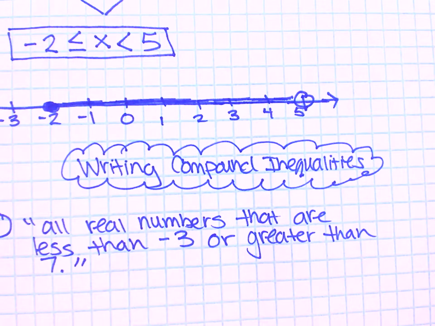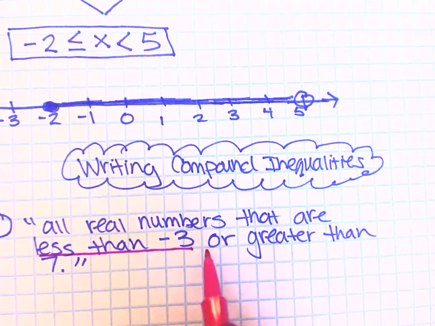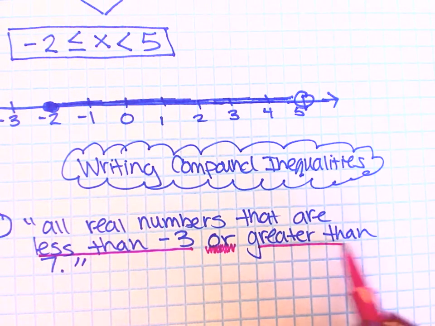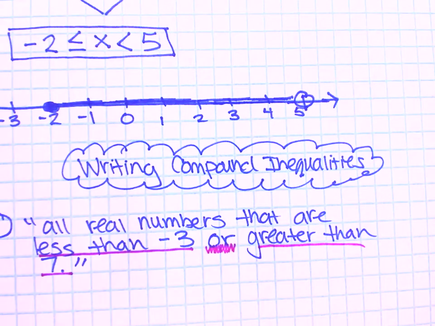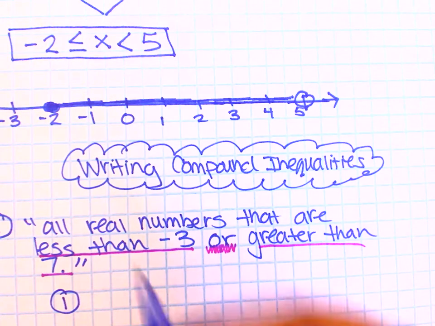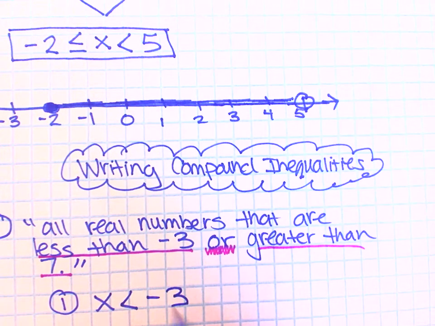So I'm going to go back and look and say, less than -3 or greater than 7. Just like in the same steps as the and problem, I'm going to write the inequalities first. So my first inequality is that x is going to be less than -3.